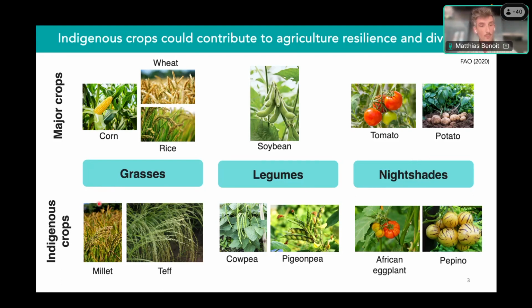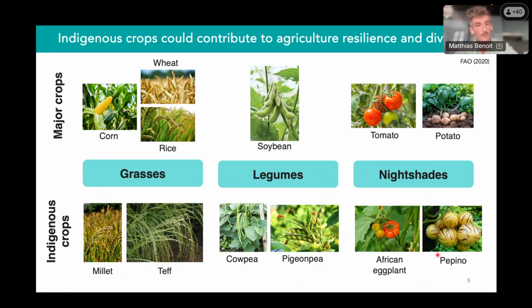I'm showing you some examples here, such as millet and teff from the grasses, cowpea and pigeon pea for the legumes, which are widely cultivated in Africa, and in the nightshades, African eggplant and pepino are also indigenous crops that could represent an interesting investment to diversify our food production.